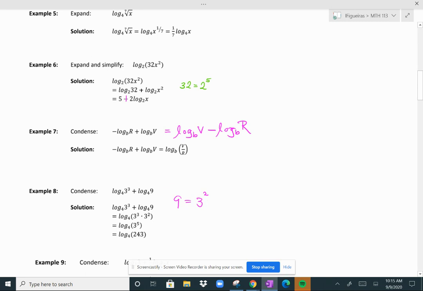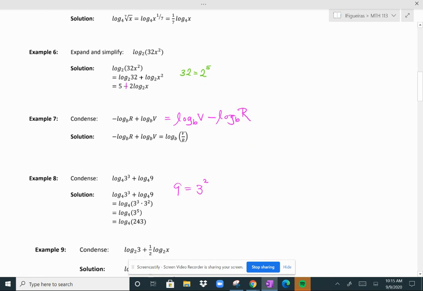So when I rewrite it using the log law, it's log base 4 of 3 cubed times 3 squared. So the sum becomes a product, but you can add your exponents so you get log base 4 of 3 to the 5th. And if you multiply 3 five times, it's log base 4 of 243.